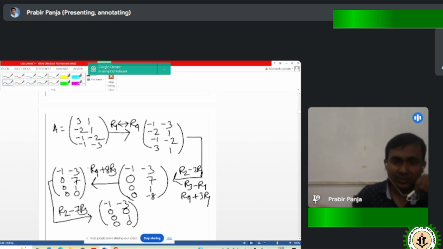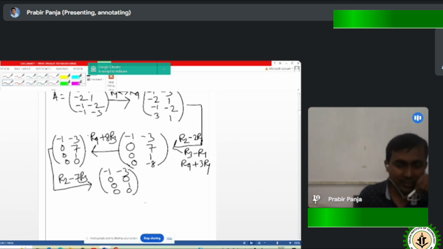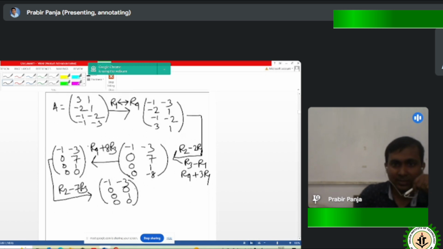Okay, so after that, we can apply many more elementary row operations, but we can't make a row completely 0, so that's why we can stop here. Now here you can see all the dependent vectors becoming 0, and independent vectors remain non-zero.